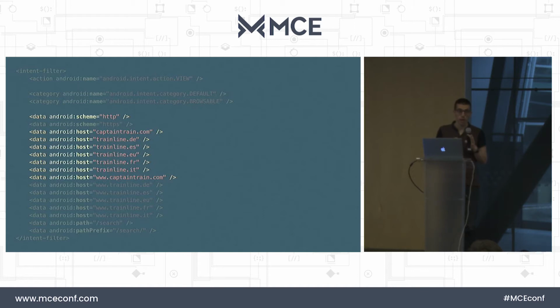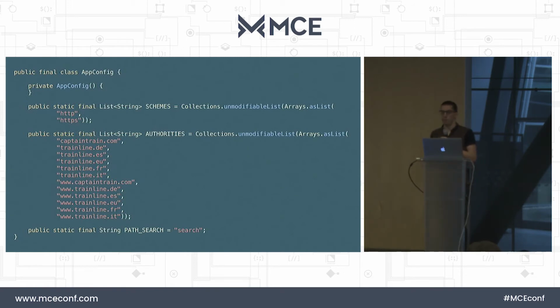But once you've done that, you have to go to your activity and catch the data that is actually inside of the URL, because you want to deal with that data. In our case, we want to search from one city to another. So let's go into the Java code. What I'm doing here is creating two lists.